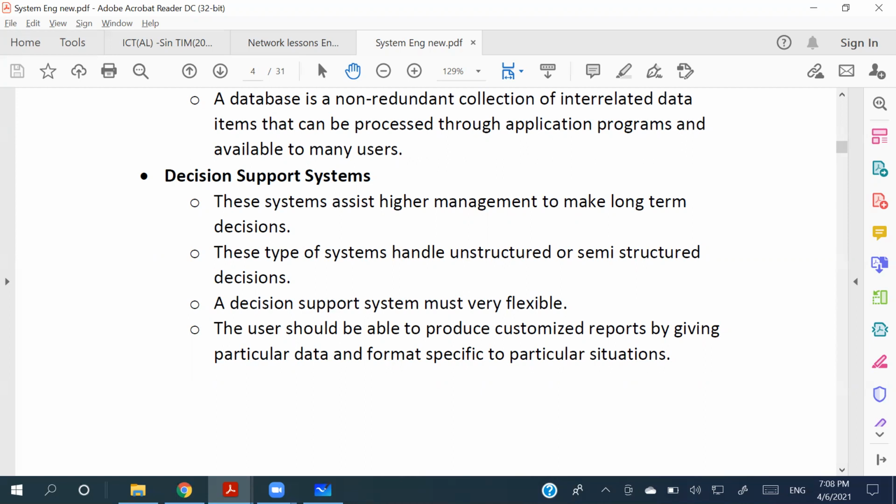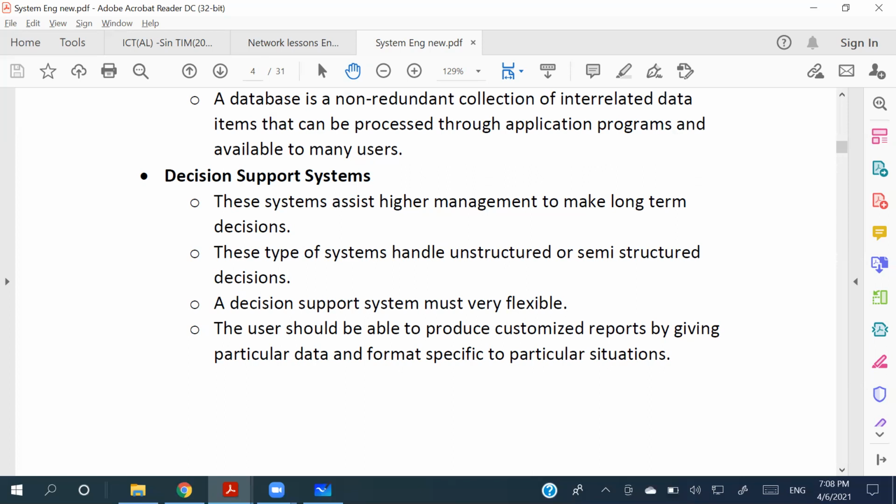So maybe as an example, if we are looking at the managers of a supermarket, the employees are being handled by the managers, the lower level managers, and those managers are being handled by the higher management.